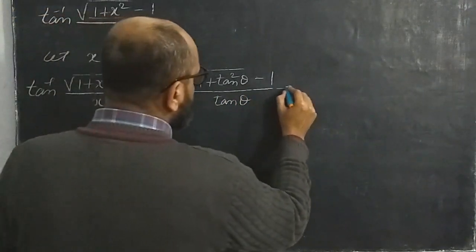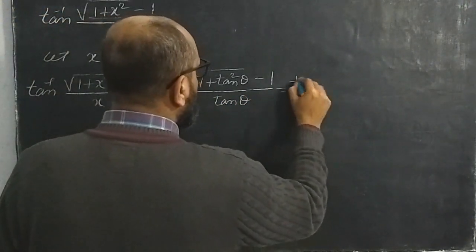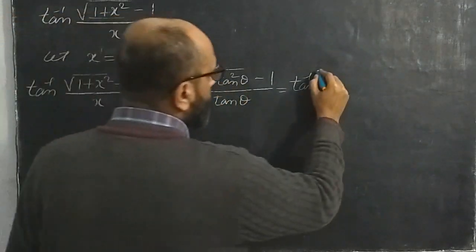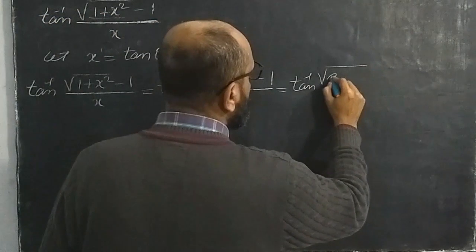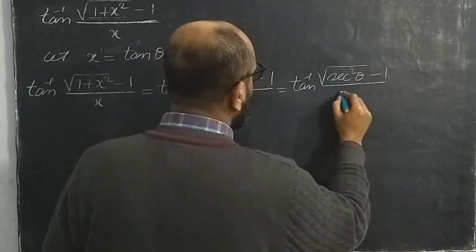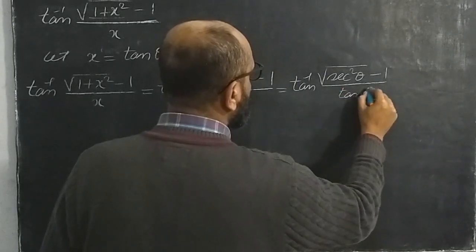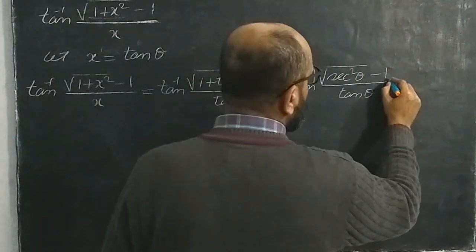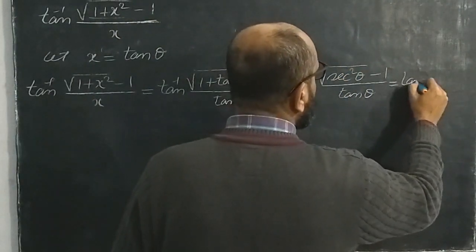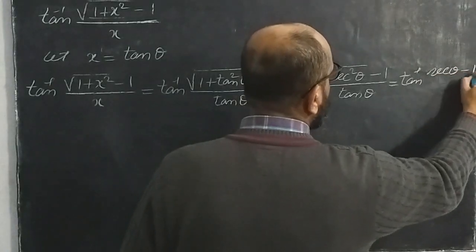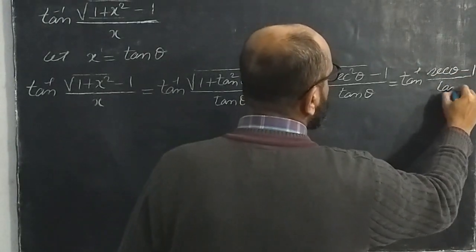And as we know, 1 plus tan square theta is sec square theta, so we have tan inverse under root sec square theta minus 1 upon tan theta. And since square eliminates the square root, so we get tan inverse sec theta minus 1 upon tan theta.